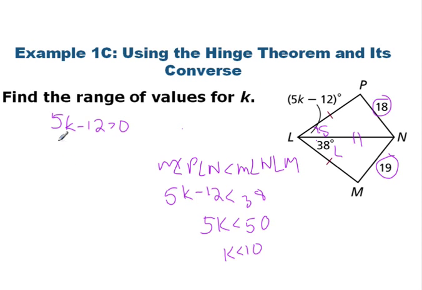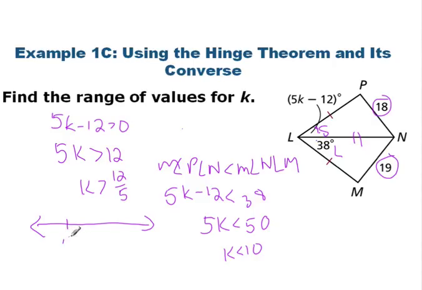Now over here, we're going to add 12 to both sides and divide both sides by 5. So I know that K has to be greater than 12/5 and less than 10. I'm going to draw that on the number line just so I can see it a little bit better.